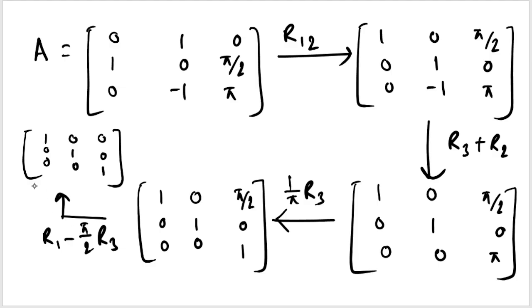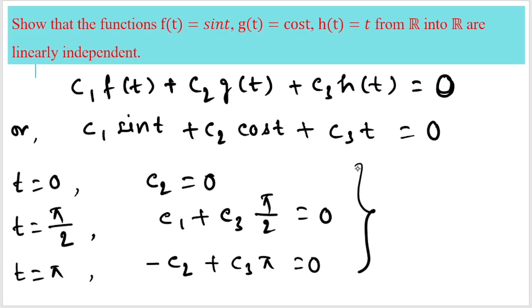So we can see that the rank of the coefficient matrix A is equal to 3, which is equal to the number of variables, and hence this system of linear equations has a unique solution, which is C1 equal to 0, C2 equal to 0 and C3 equal to 0. The functions f(t), g(t) and h(t) are then linearly independent.